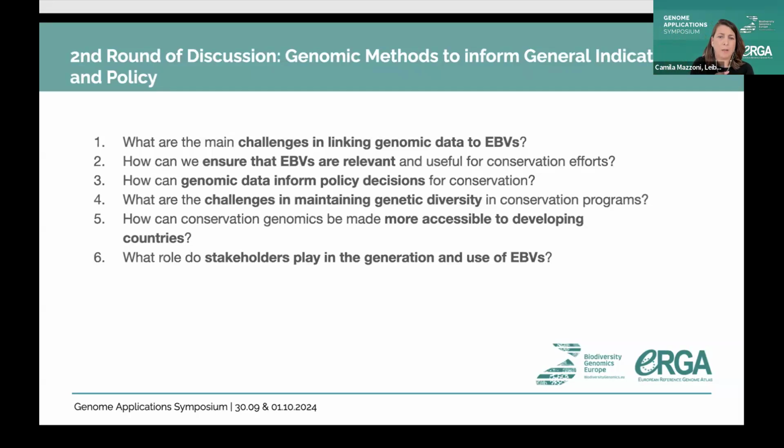How can conservation genomics be made more accessible to developing countries? So even in some management programs from developed countries, this genomics is maybe already feasible. How to make this feasible for developing countries as well? And what roles do stakeholders, so the ones that are in the field or directly managing the programs, play in the generation and the use of EBVs?